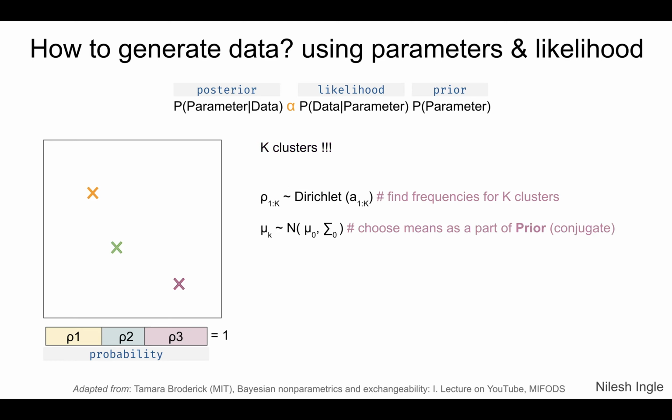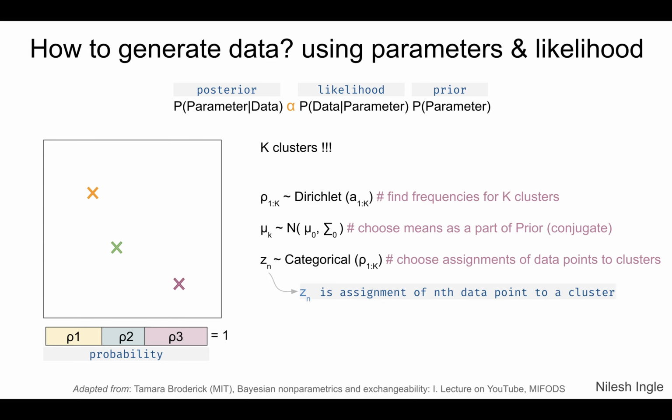And now for the values for the means, we can sample them again from a conjugate prior. Here it is shown by a normal distribution with mean mu0 and covariance sigma 0, and those means are represented here by the x's for each of the clusters.